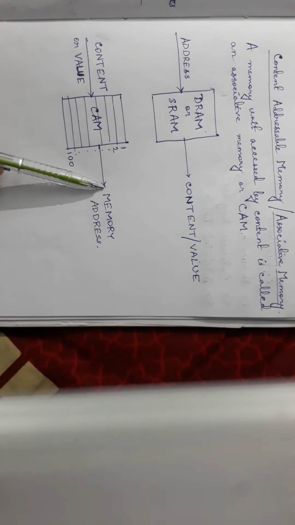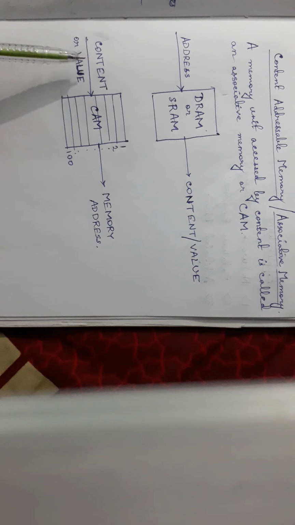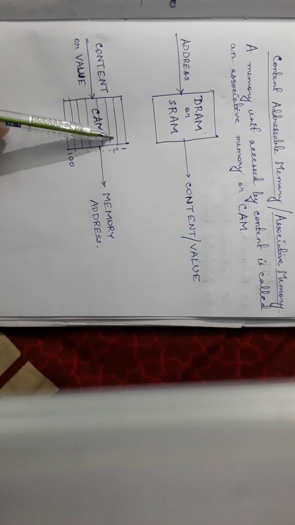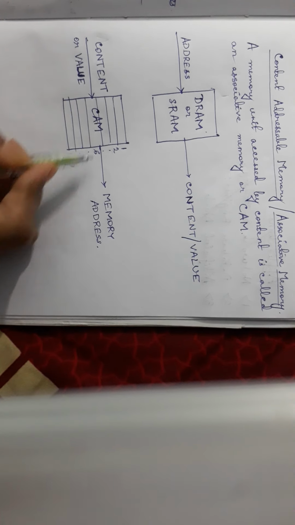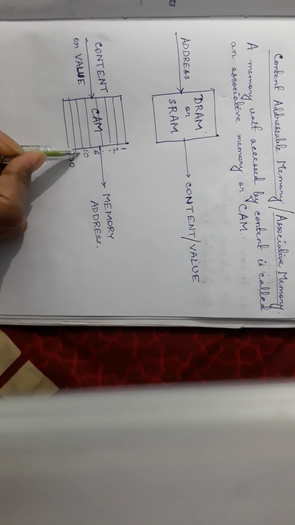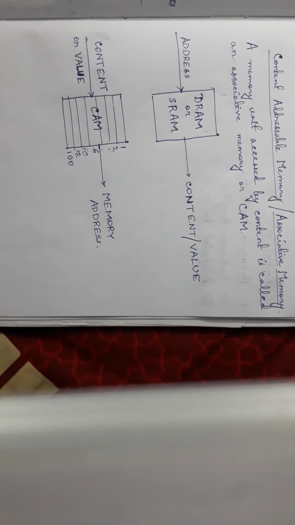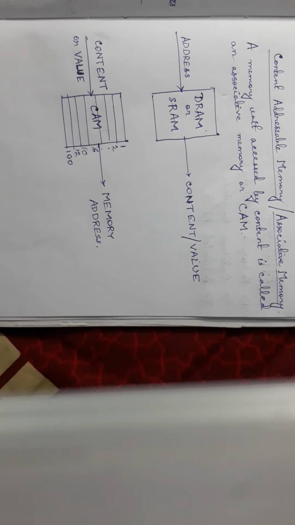And if there is more than one, suppose the content or value is found at memory location 2, 6, 10, and 12, then the CAM returns the list of all the memory locations, or the list of addresses where the data word was located.